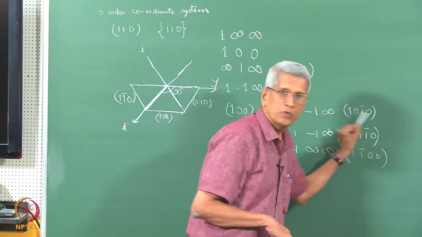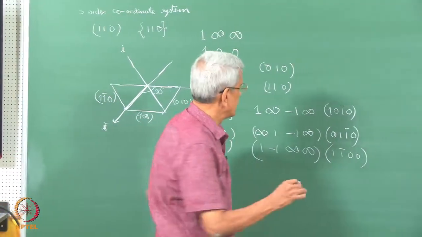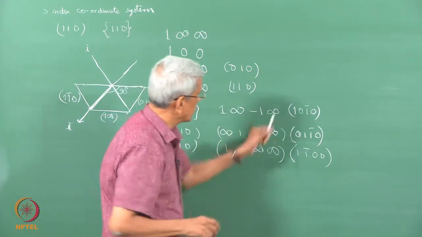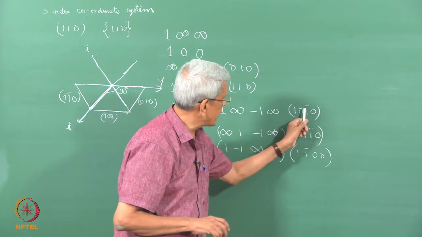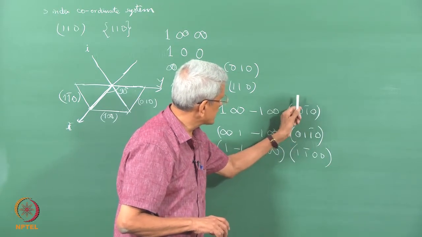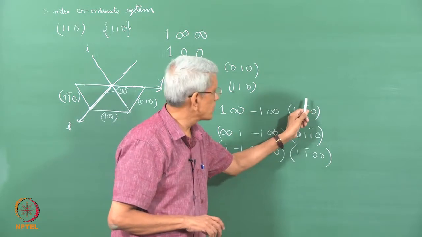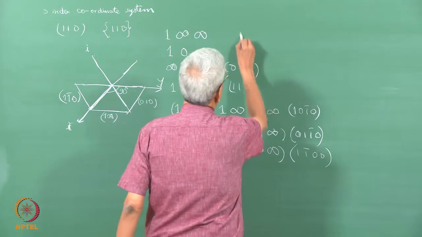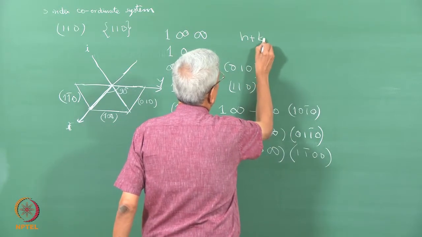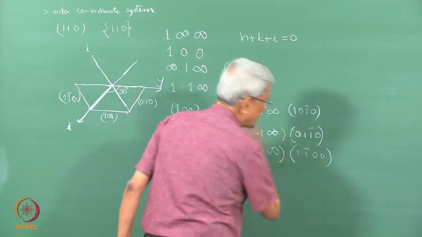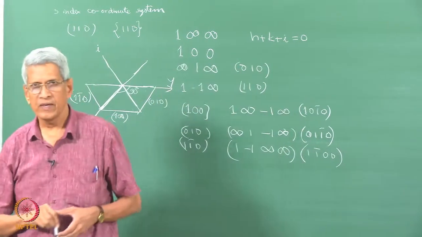And another thing, in a general case, before we go to a general case, let us look at what happens. Suppose these indices are h, k with the conventional one, suppose we represent this as I. Then what is going to happen? H plus k plus I equals 0 in all these 3 cases, correct.